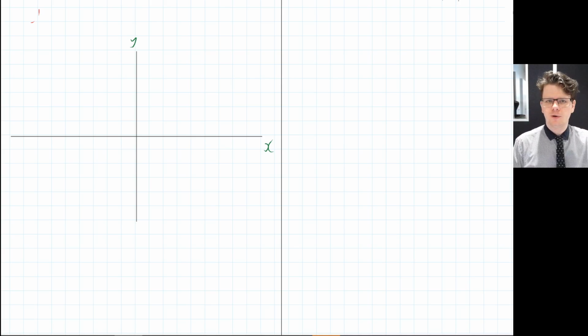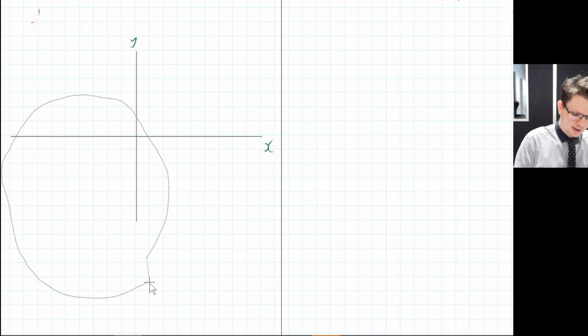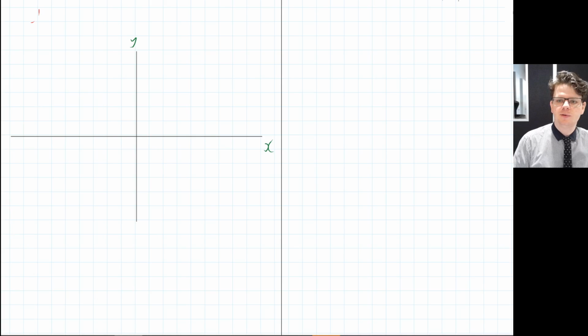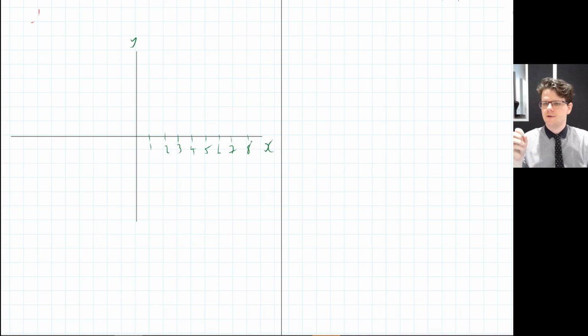Now just like before, if I cover up this part of it, it just looks like before, and we're going to label it as such. 1, 2, 3, 4, 5, 6, 7, 8. Now I need to think, okay, well if it's going 8, 7, 6, 5, 4, 3, 2, 1, what's this point right here? What's that one going to be? Well, it's going to be 0, right?